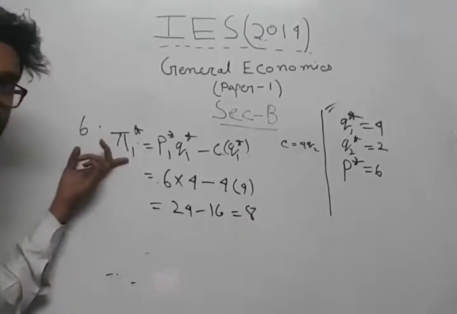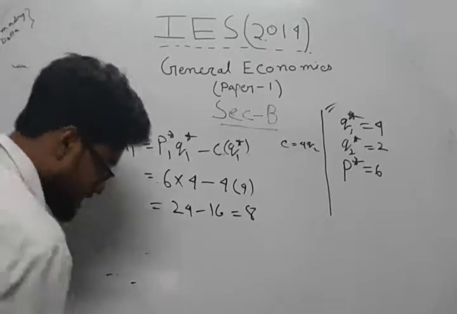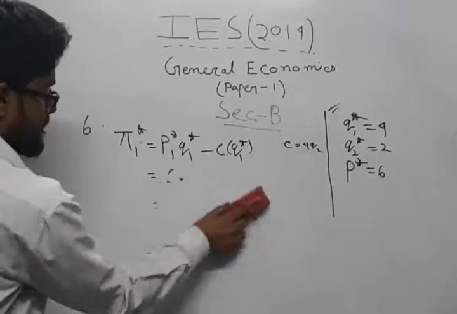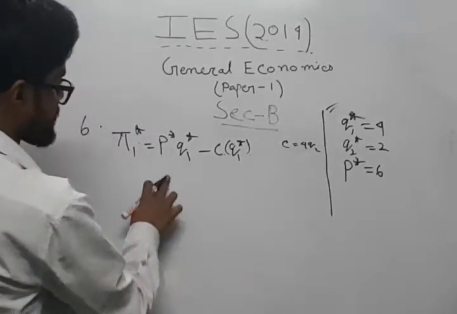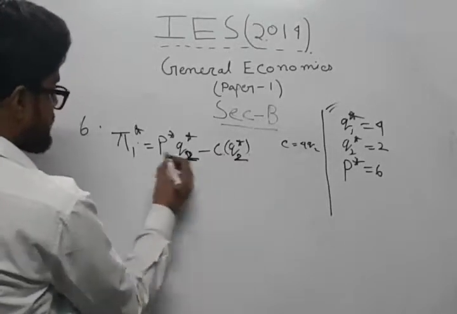Similarly, we can find the value of the profit function for firm 2. How will we do it? We'll just change this thing. Price is constant for both. Now the quantity will be this.